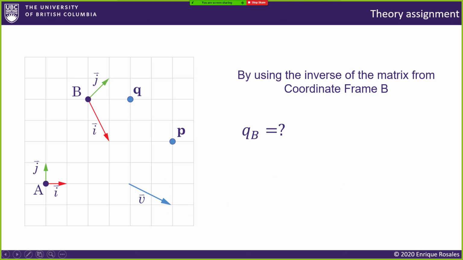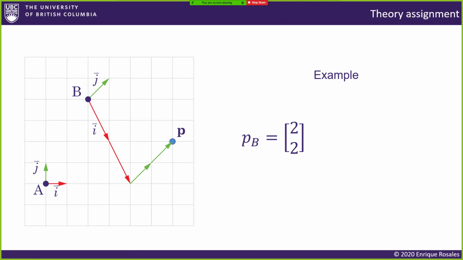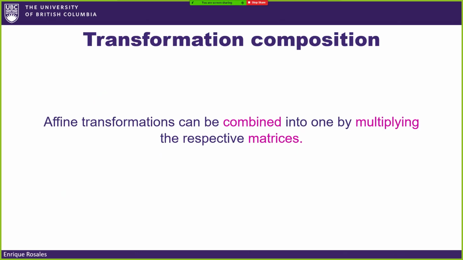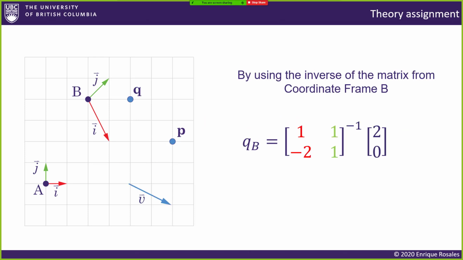As probably many people already know, we need to do this. You need to use the inverse of the matrix of the coordinate frame B. So what is this matrix? We already talked about this.